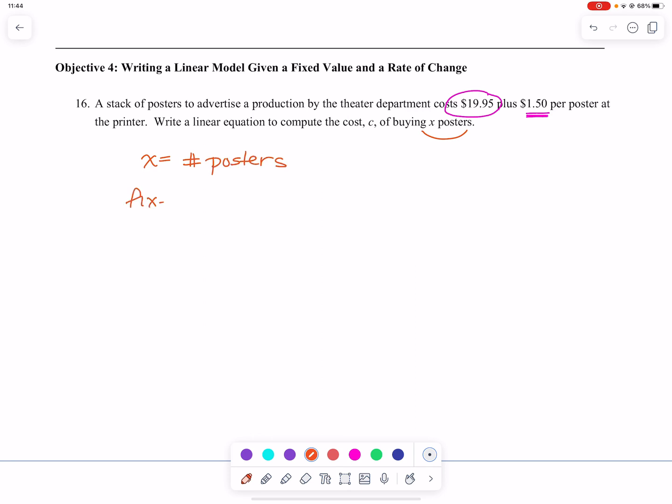And we do have a fixed cost of $19.95, and we have a variable cost equal to $1.50.